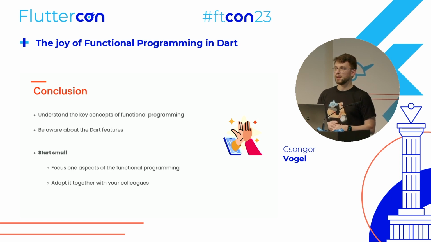The next thing I will highlight is to start small. As I mentioned previously, let's focus on one aspect from the previously mentioned main goals of functional programming, and let's adopt the ideas step by step. Let's try to adopt it together with our colleagues. For example, if you want to refactor the network layer by introducing a Result class or an Either type, we will automatically force our colleagues as well to adopt and follow these patterns.